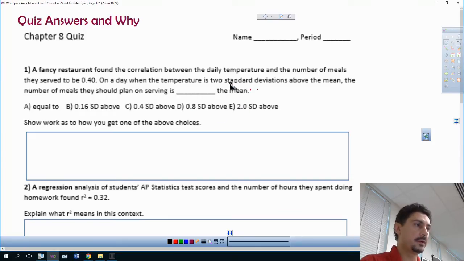When you study this very carefully, you generally read from left to right unless something tells you otherwise. So reading left to right, I go daily temperature, X, number of meals, Y. Then it says on a day when the temperature is, and that's the key, that's the input, so that's the X star, the particular X we need, is 2 standard deviations above the mean.